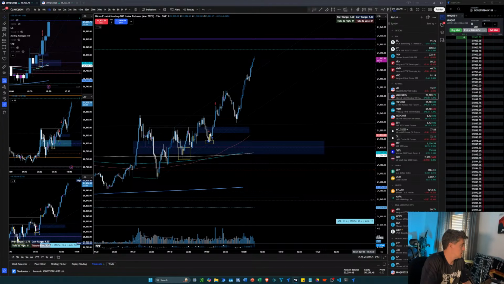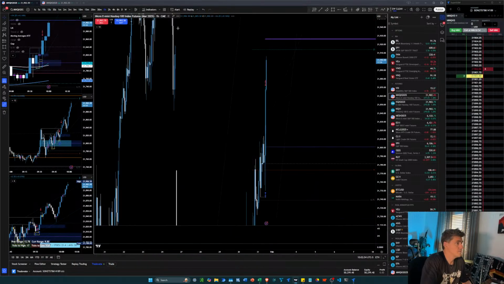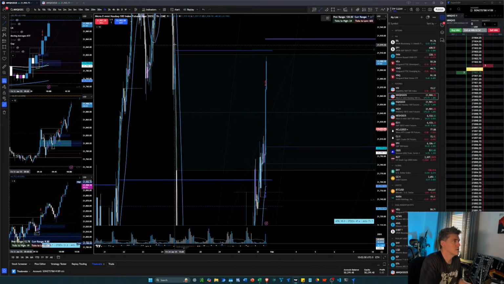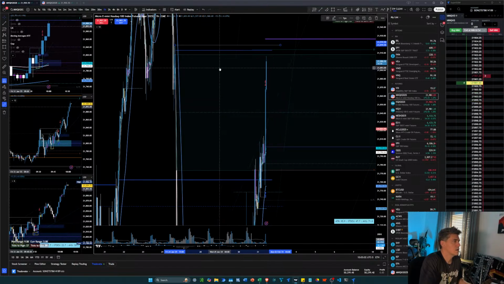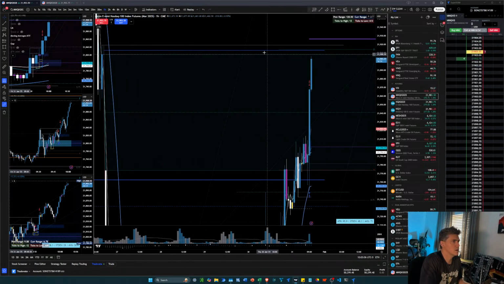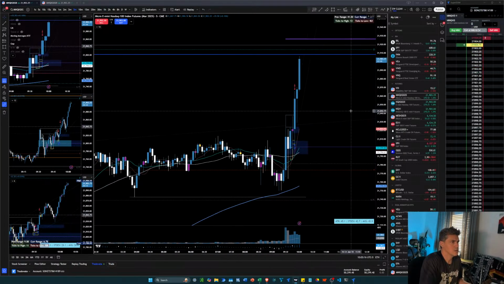Ooh, nice though. We're coming up to a nice level here. This level here is the last regular trading hour high swing point. Some things are lining up interestingly for a potential reversal. I'm not going to totally say that something amazing can't happen in this moment.